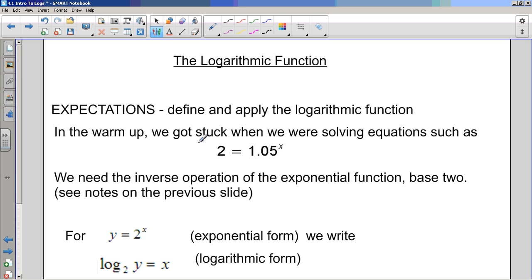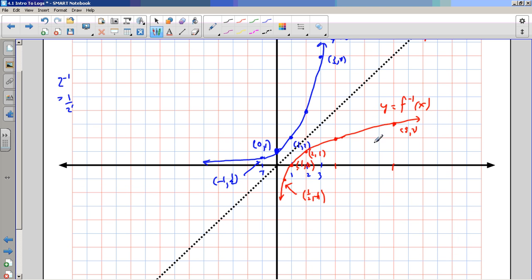In the warm-up, we got stuck when we were solving equations such as this, right? We need the inverse operation of the exponential function, not base 2, but base 1.05. So change that, that was a typo. And it says see notes on previous slide, and we'll get to that. So this here is actually the log function base 2.